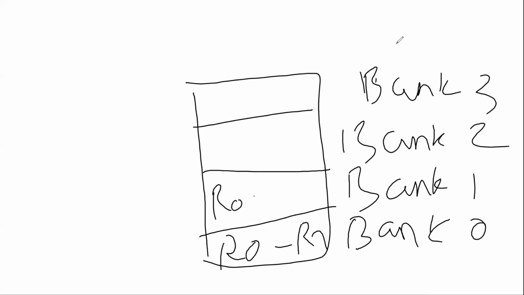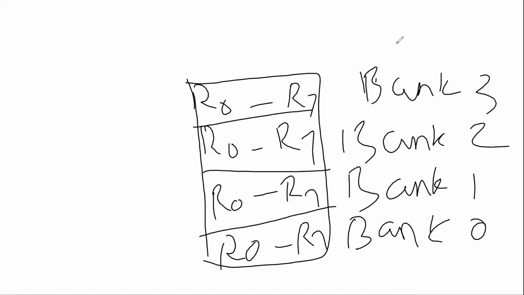The addresses 00 to 07 will be occupied by bank 0. Then 08 starts, so 08 will be occupied by R0 of bank 1: 08, 09, 0A, 0B, 0C, 0D, 0E, 0F. Till 0F it will be occupied here.